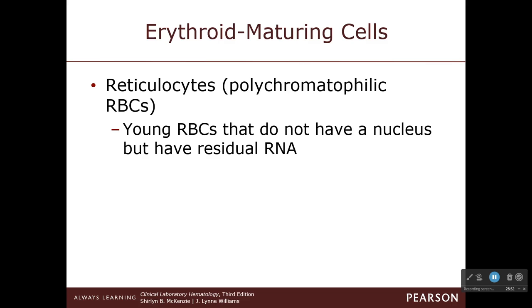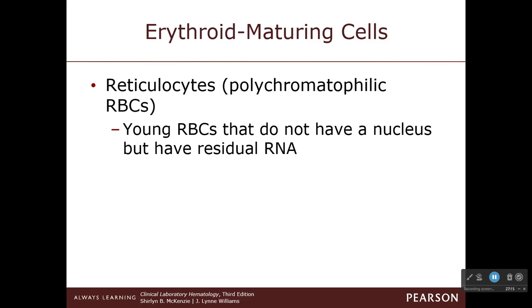Red cells are described as microcytes, normocytes, and macrocytes, depending on their size. How do we know their size? We look at an index called MCV, mean corpuscular volume. We're going to talk about that later on. It's not that important today. But reticulocytes tend to be macrocytes, a little larger.